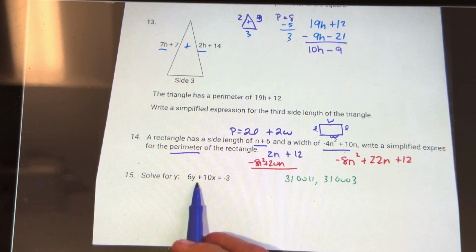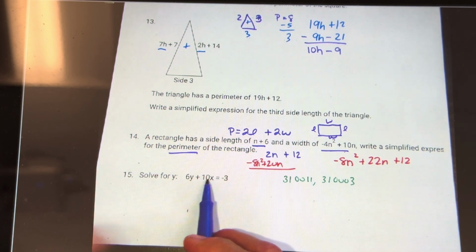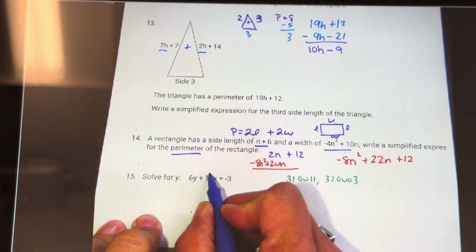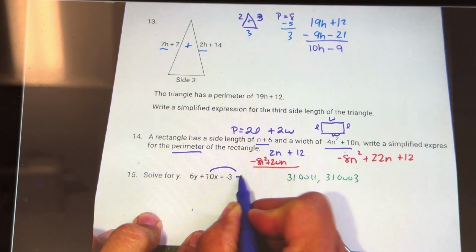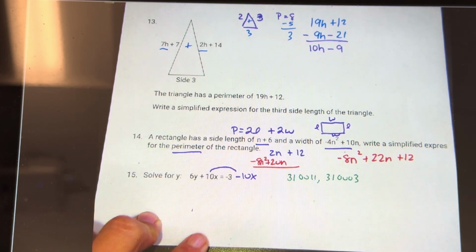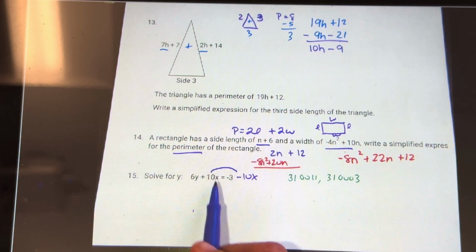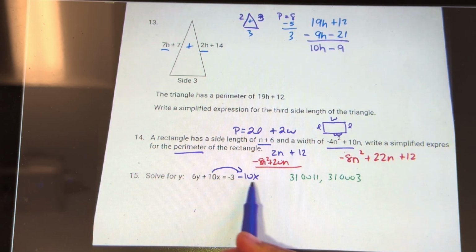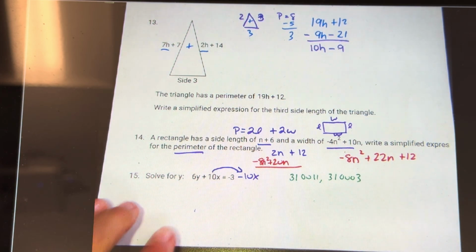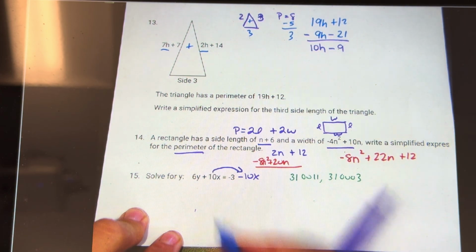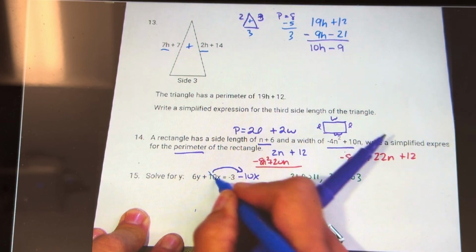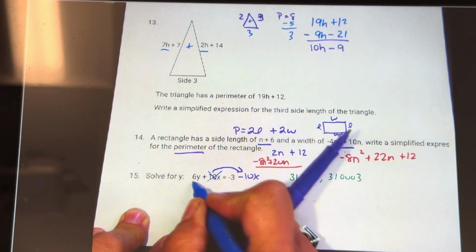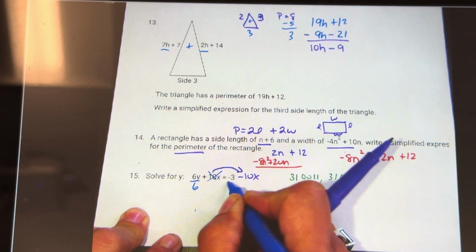So when you solve for y, when you get rid of this other term, the opposite of adding is subtracting. And since there's nothing to subtract to, because again, it is not like terms and x is not the same as a constant, then I'm just going to move it over. So when you move it to the other side, you have to change signs. So once I move it, it is gone. And then I'm going to divide everything by 6.